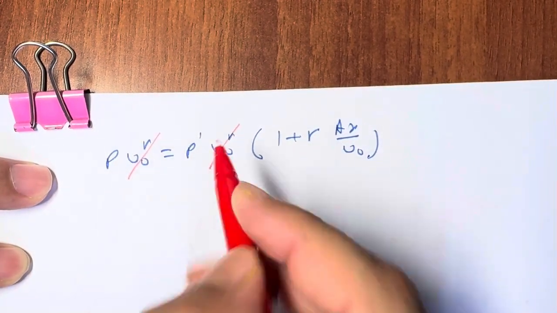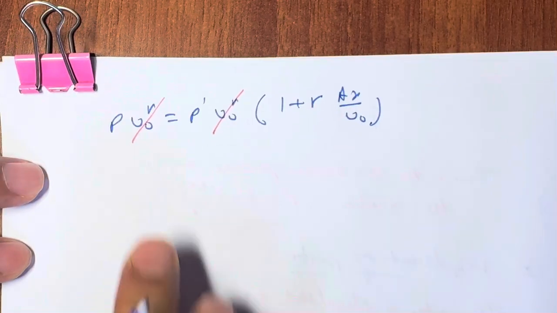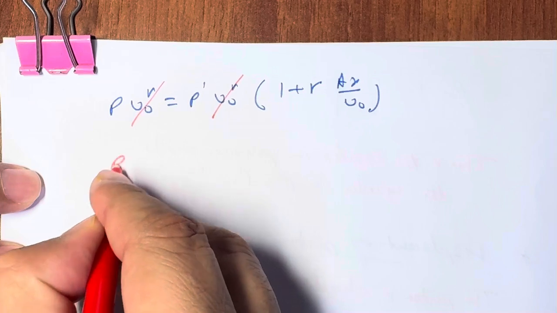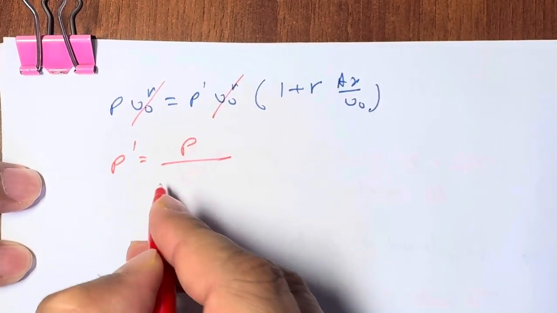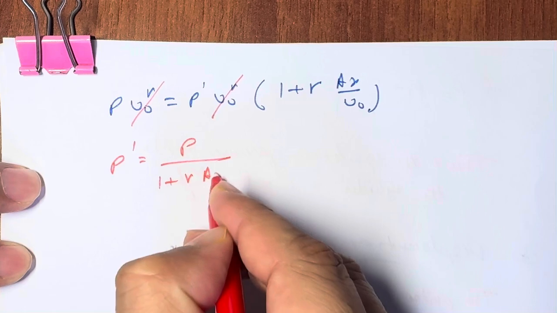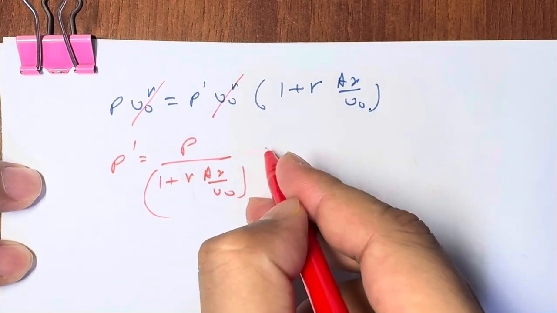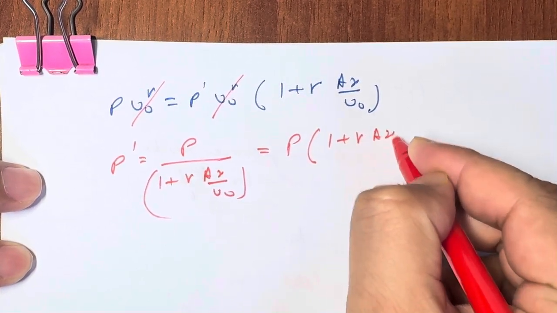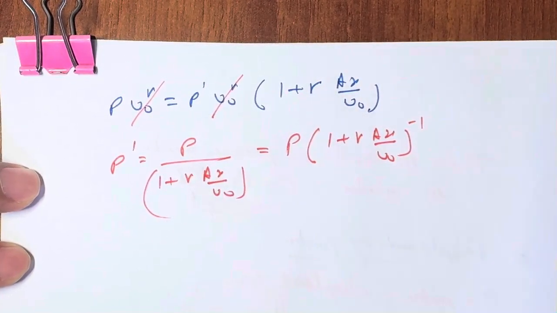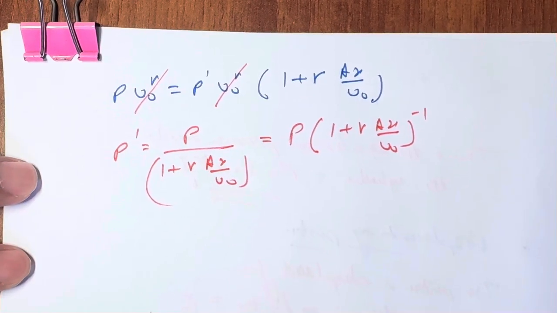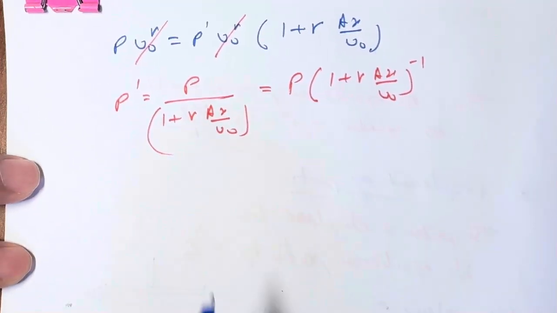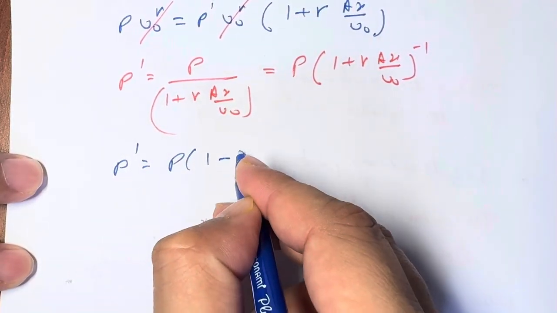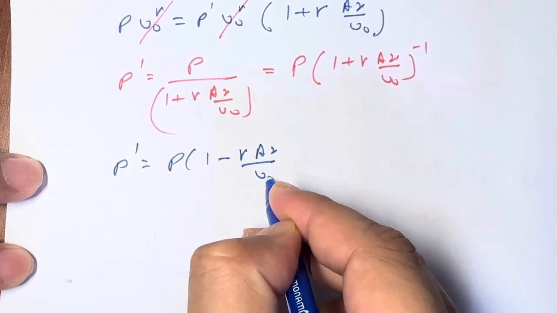This term cancels out from here, and we can rewrite this equation as P prime is equal to P divided by 1 plus gamma AX upon V naught, which can be written as P times 1 plus gamma AX upon V naught raised to power minus 1, and this can also be written as P prime is equal to P times 1 minus gamma AX upon V naught.